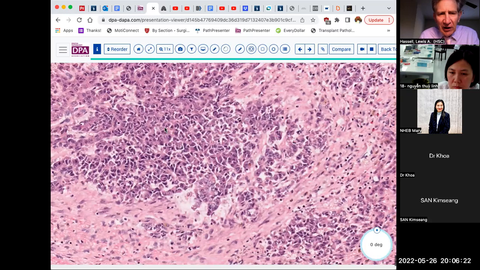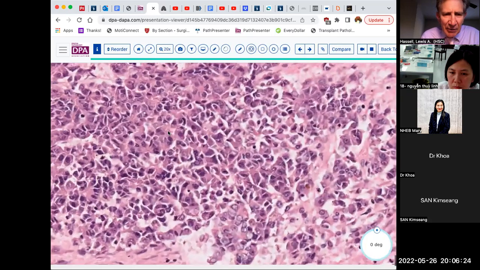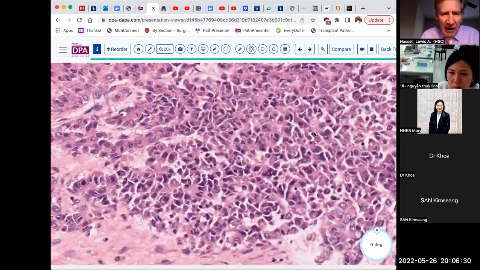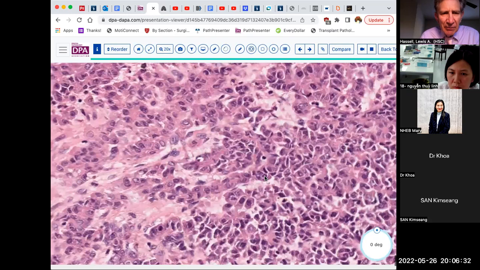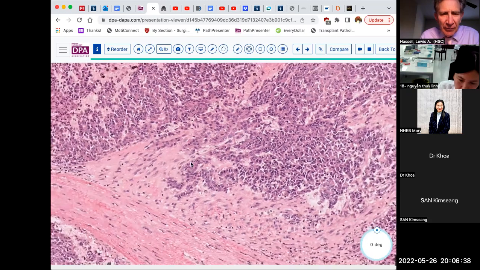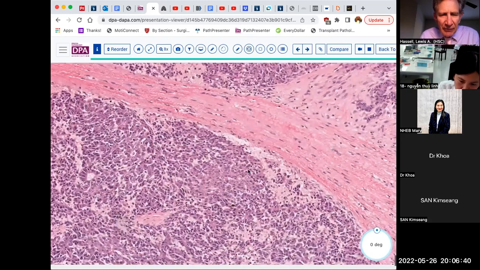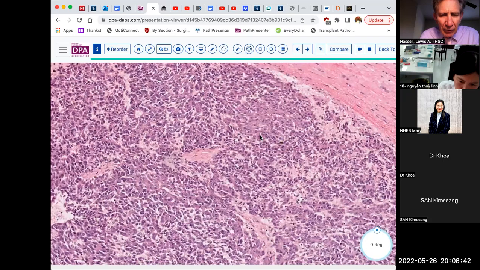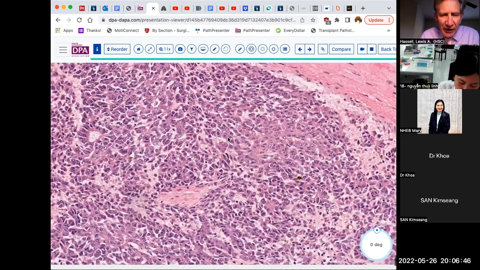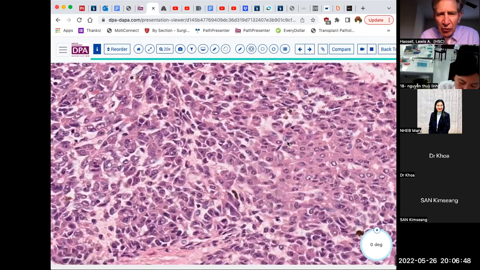Now, as we look at the tumor here in the area that's nicely fixed, you can again see this very fetal appearing blastomatous type tissue with very high NC ratio, sort of amphophilic cytoplasm, and a trabecular or sort of wandering pattern. Here's a more solid area of this very immature type of liver tissue.